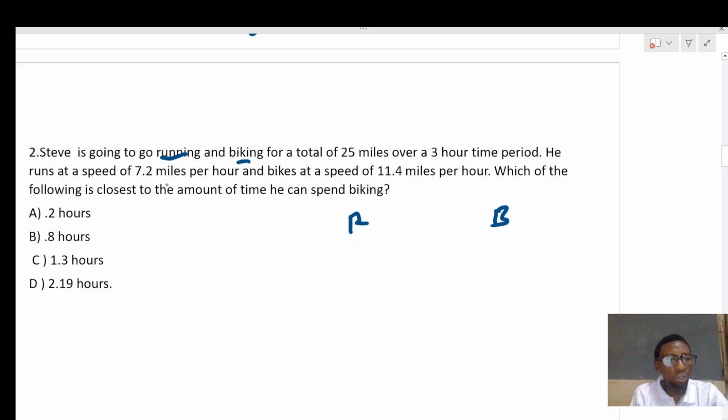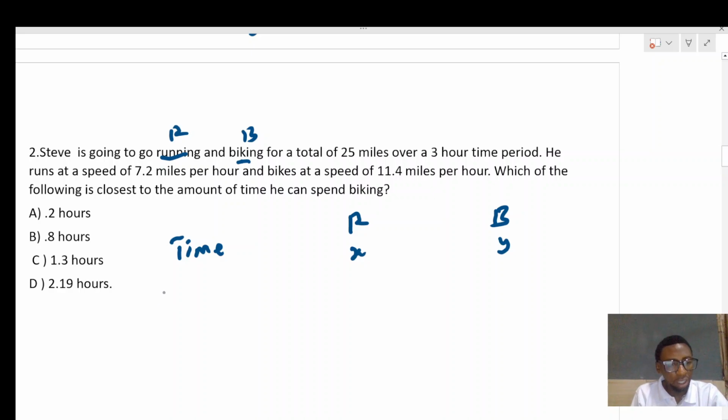He runs at the speed of this and that, which are the following. So let's start with time. We are not given the time for running. So let the time for running be x. Let the time for biking be y. I'm taking R for running, B for biking.